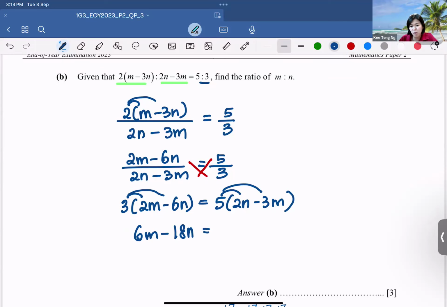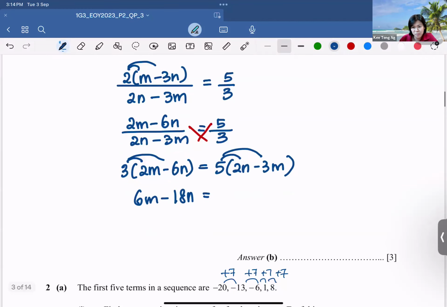JC, expand this. JC, are you watching something else on your iPad? Or are you focusing on our lesson? I'm typing.